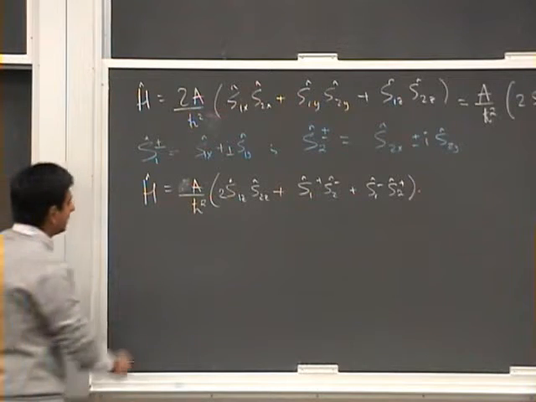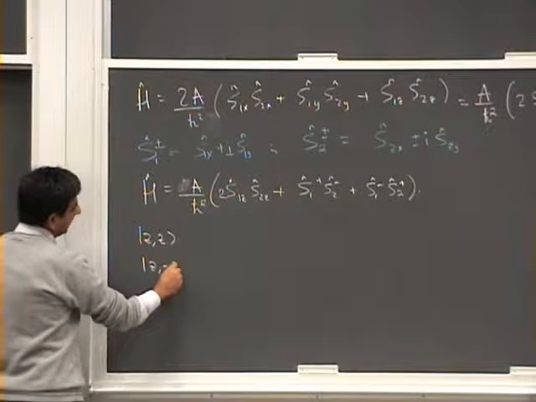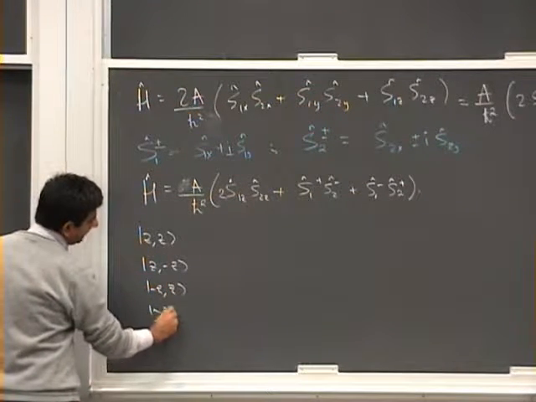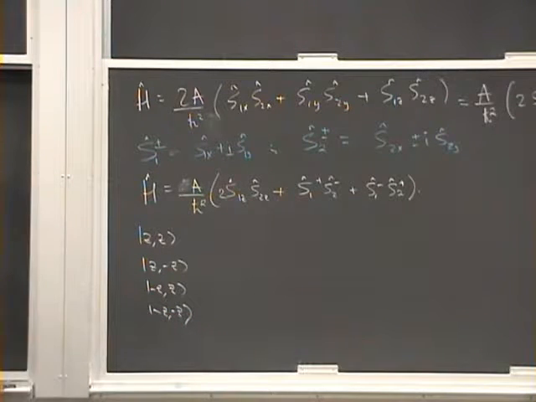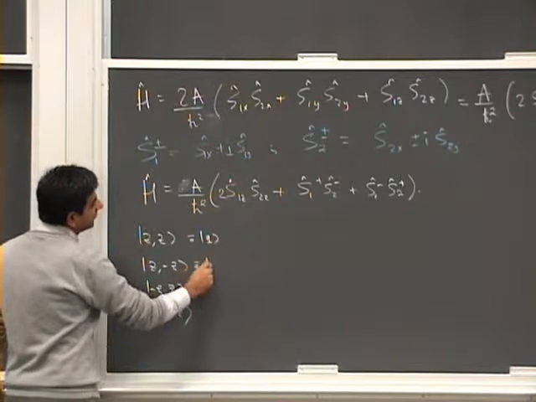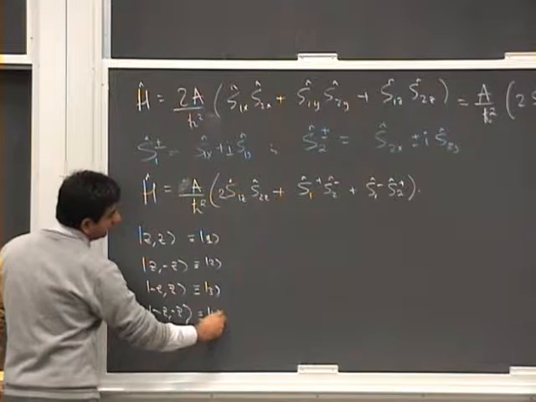So let's choose the basis ket z z, ket z minus z, ket minus z z, ket minus z minus z. Let's label this state as 1, this as 2, this as 3, and this as 4.